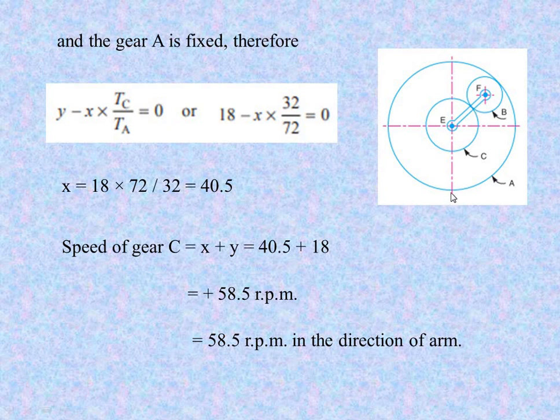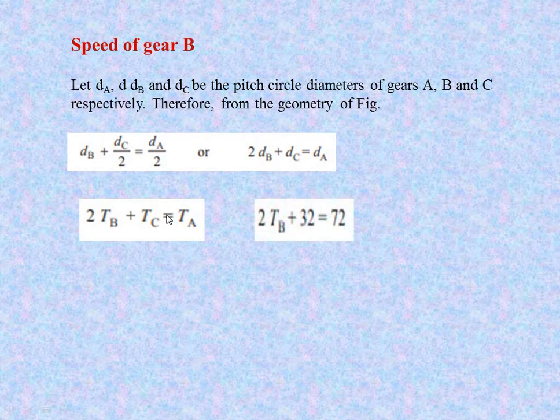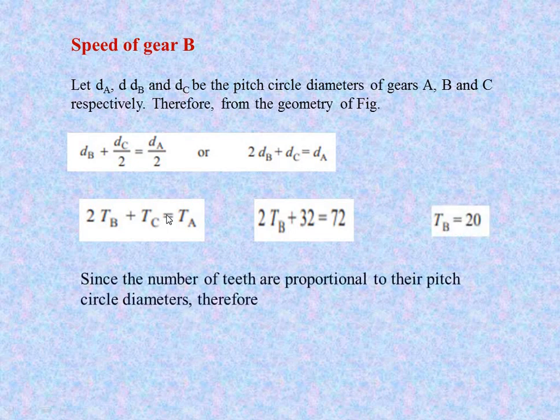So dA is equal to dC plus twice dB, since one gear will be here and another gear there. From the geometry we can directly see 2 times dB plus dC is equal to dA. That means instead of d we can write t: 2 times TB plus TC is equal to TA. So 2 TB plus 32 is equal to 72, so we can directly see TB is equal to 20.